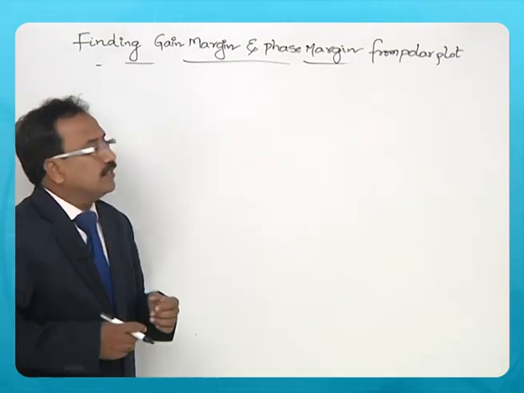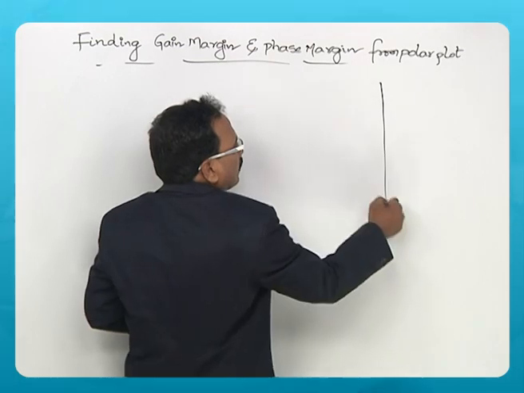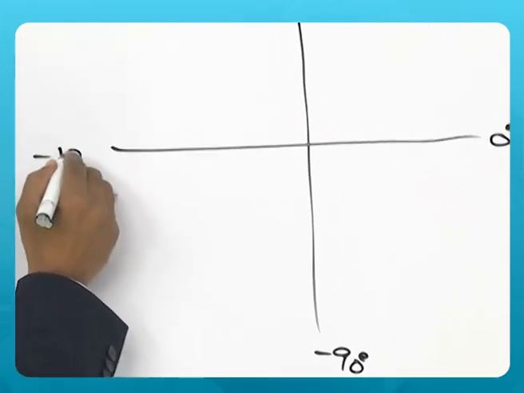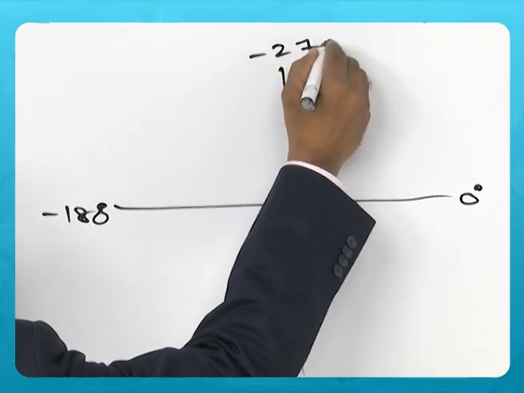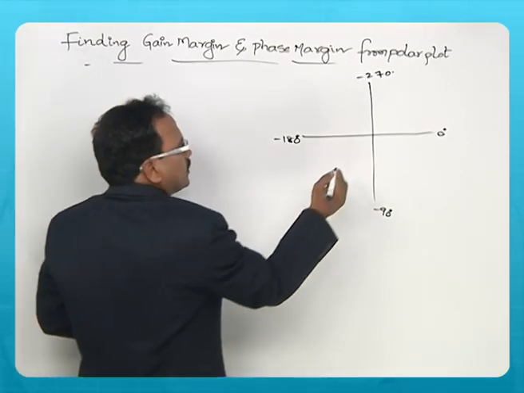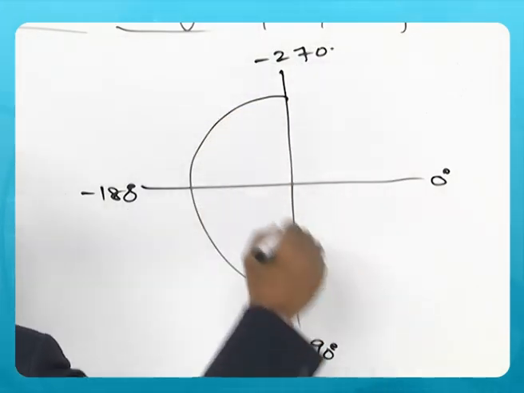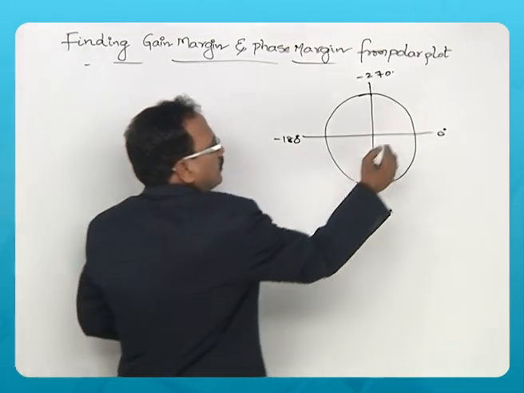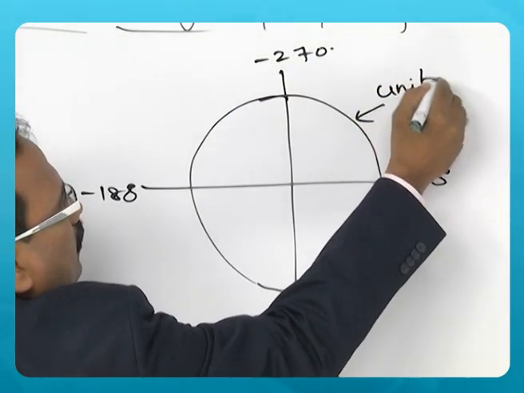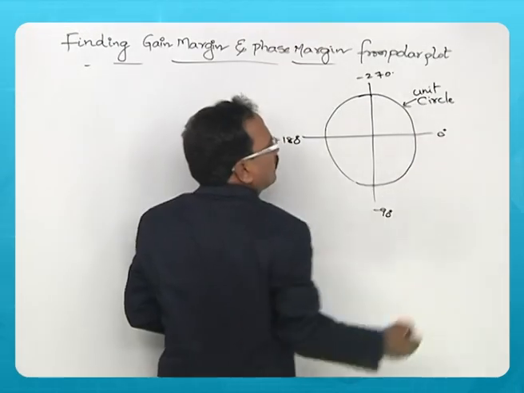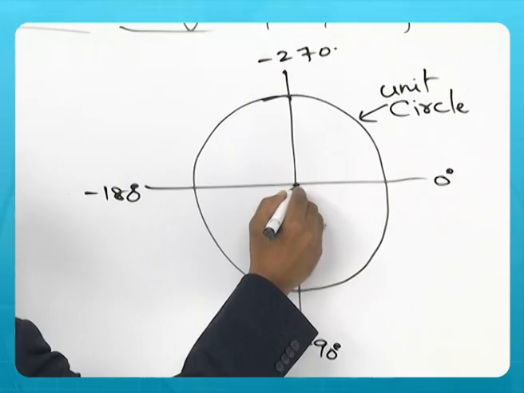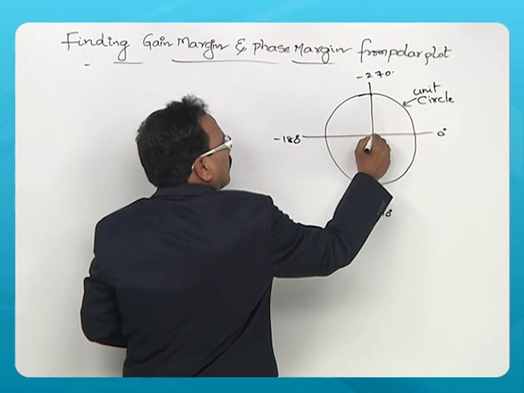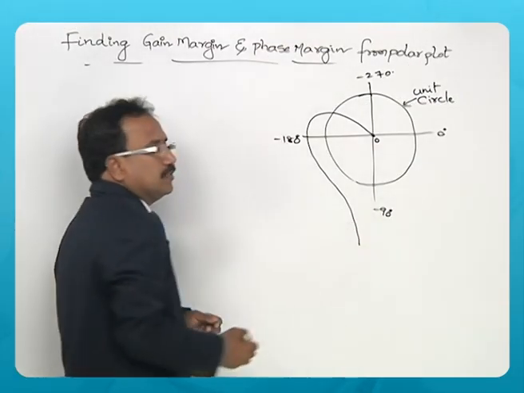Let us consider the second case from the plot. Suppose the unit circle is drawn with radius 1. This is called the unit circle, meaning radius 1 with center at the origin. Now, the plot has this shape.